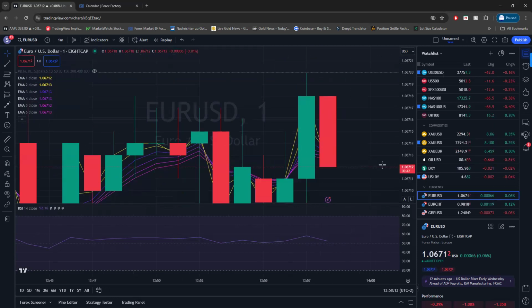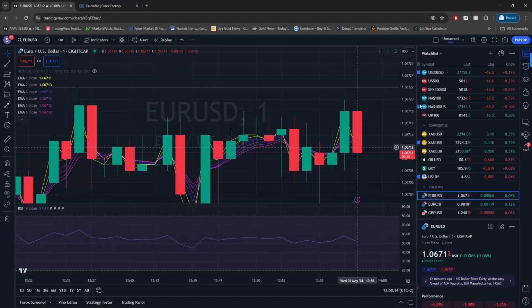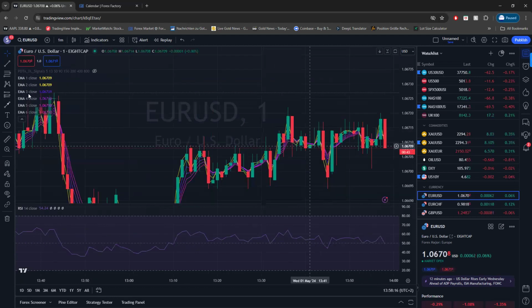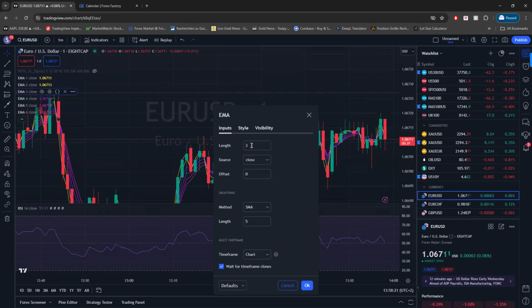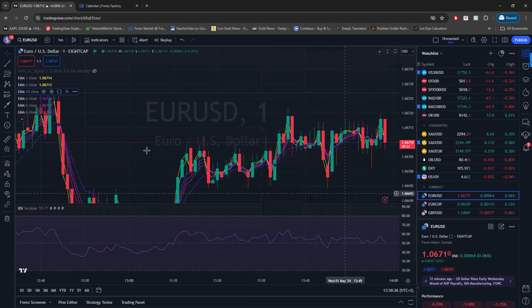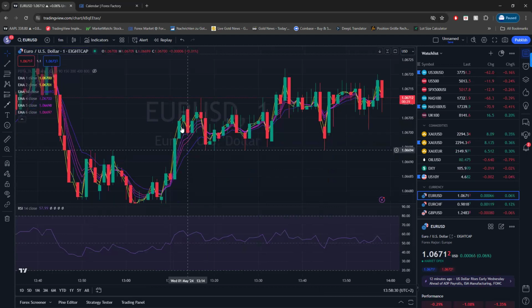Now, let me modify some of them to demonstrate the point I'm trying to make. Let me put 10. We are going to notice 10 has changed. This is 10. You can see that 10 is clearly the one which is further away from the market, right?